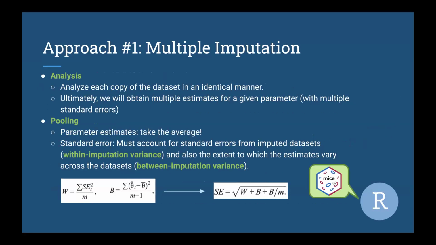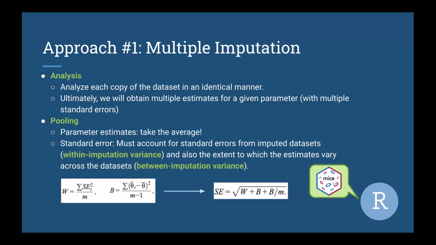So as I mentioned, you create multiple copies of the data, then you analyze each copy separately and obtain multiple parameter estimates. And then you want to pool these parameters together. If you're estimating the mean, for example, you would average over all your parameter estimates.